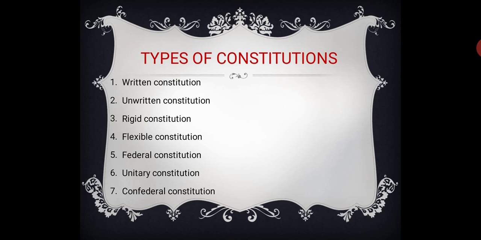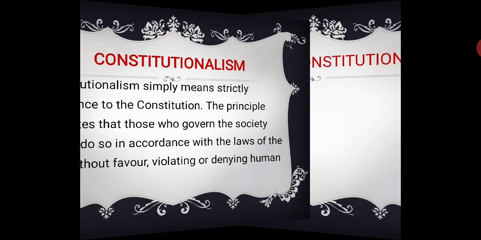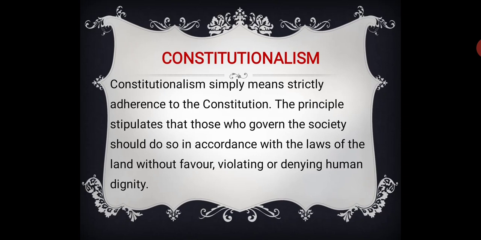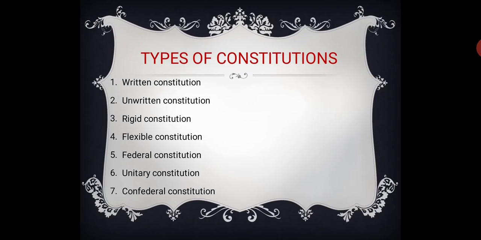We have six features of a written constitution. Number one, it is written down in a single document. Number two, it has a preamble to express the important quality of the Constitution. Number three, it is rigid in nature.